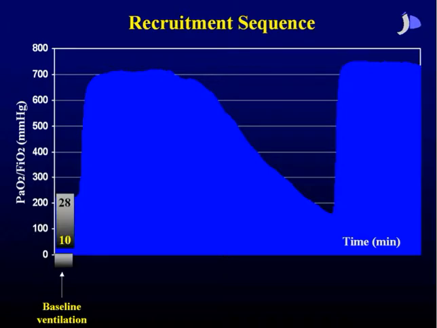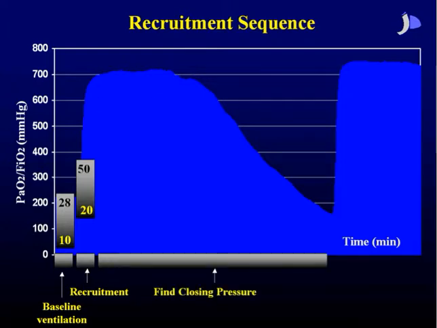Our PaO2/FiO2 ratio at this point is 200. We performed a recruitment maneuver. In this case, we selected 50 of pressure and 20 of PEEP. We established this level of PEEP to stabilize the lung after recruitment. The response is an increase in oxygenation, and we take the criterion of a shunt reduction of less than 10% when looking at oxygenation. Then comes the most important part, which is finding the closing pressure.